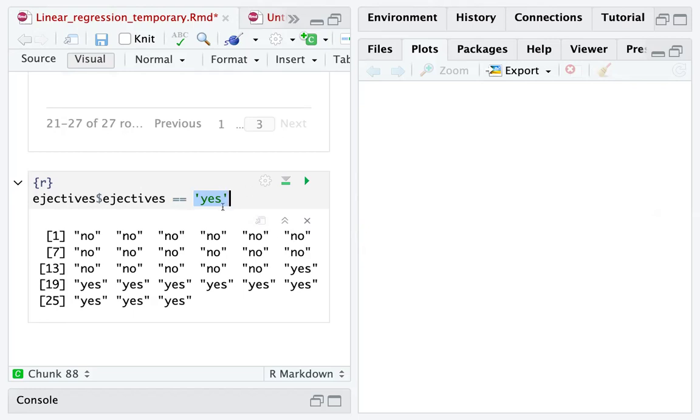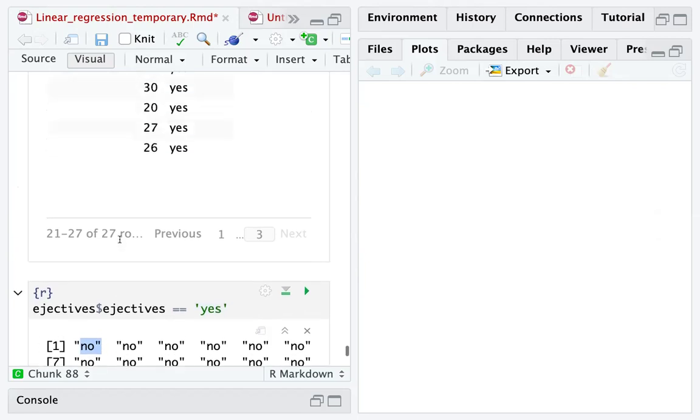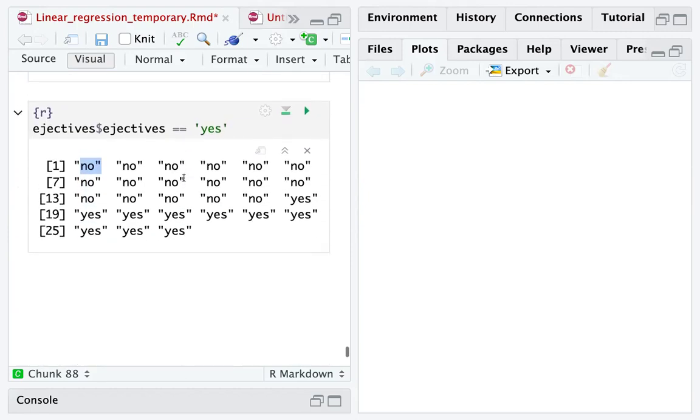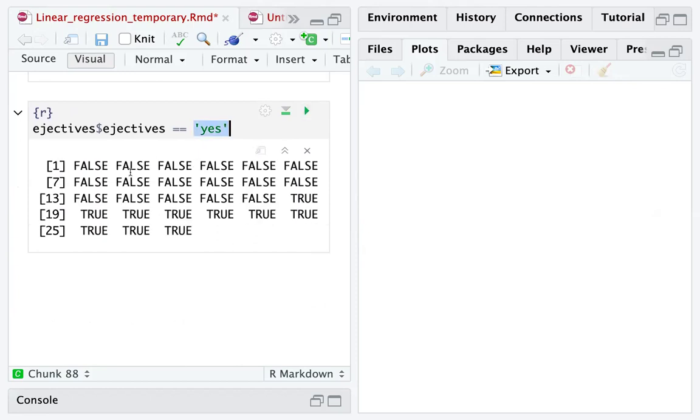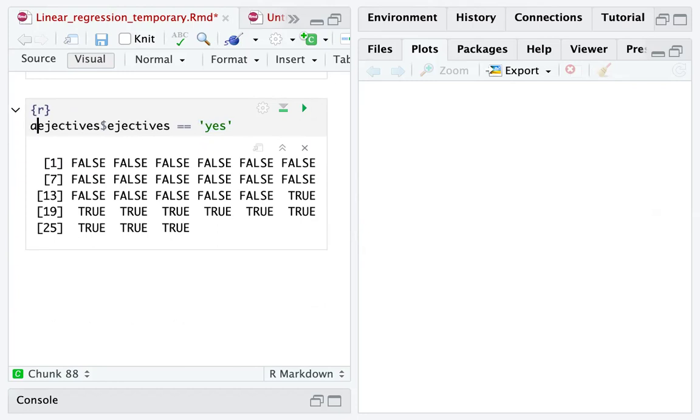So the program will make a vector of only yes, 27 yes, and it will compare each component of these two vectors, and it will return false if the question answers negatively and true otherwise.